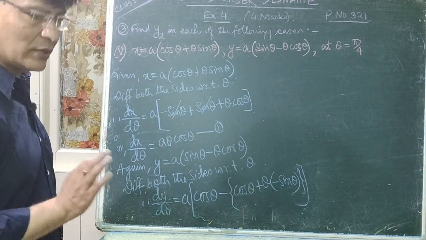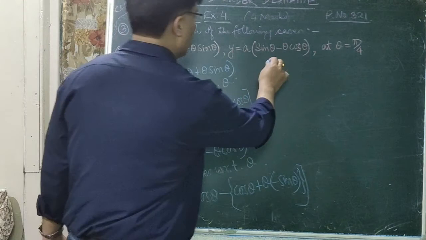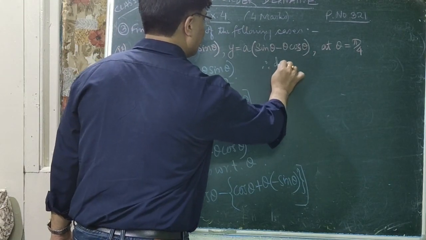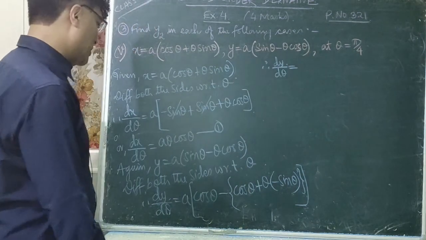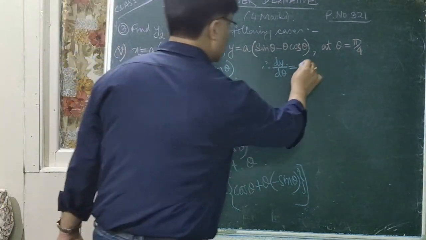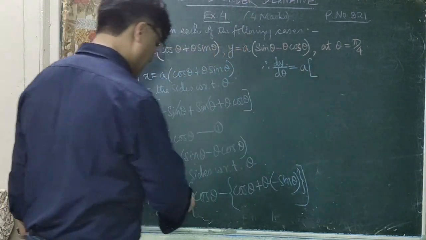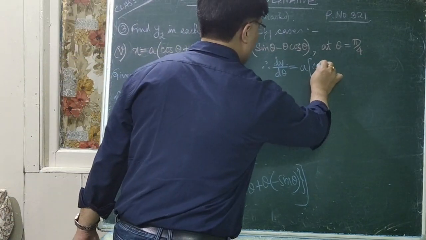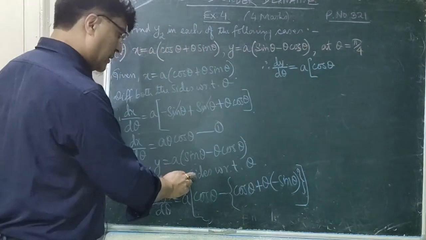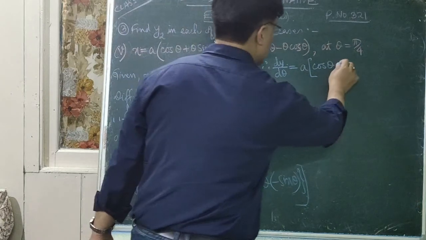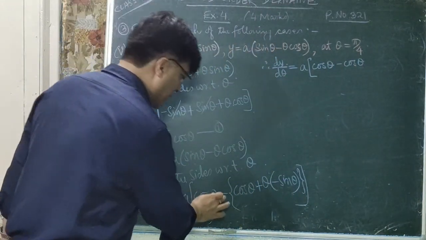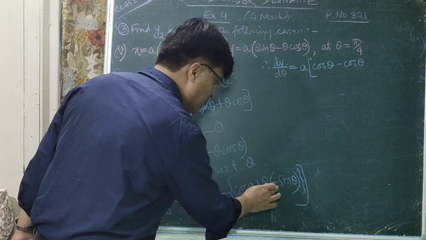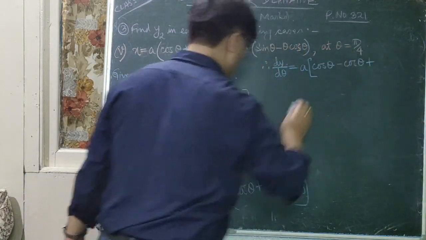So here second bracket is closed, third bracket is also closed. So I think you have understood it. So therefore what is dy by d theta? dy by d theta is equal to a within third bracket cos theta, then multiply by minus sign, minus cos theta. Right? So minus into plus minus, minus into minus plus, right?